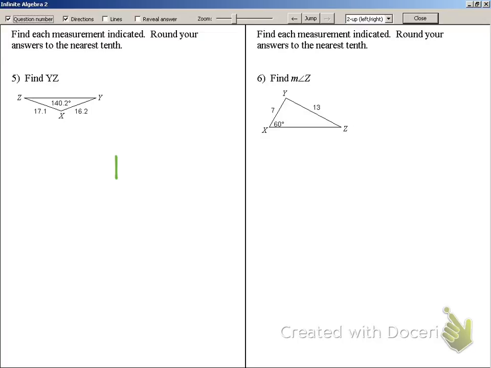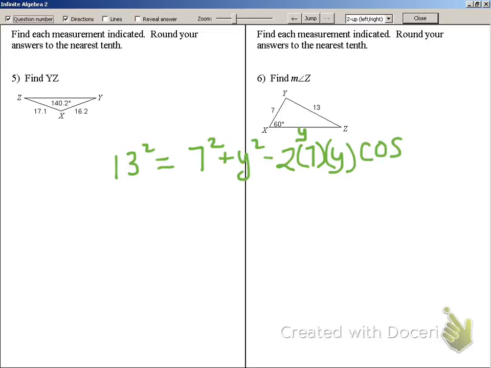So that would be 13 squared equals 7 squared plus y squared minus 2 times 7y cosine 60. I'm going to start working that out.